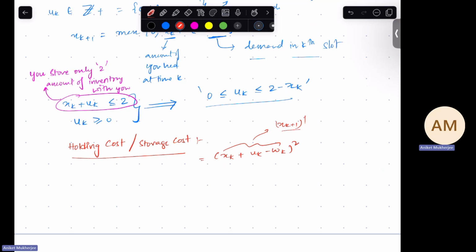This is your holding cost or storage cost. And if you have not met the demand because you have less storage, then you'll also pay a penalty. That penalty is just for not fulfilling demand, and that will also be captured by this.